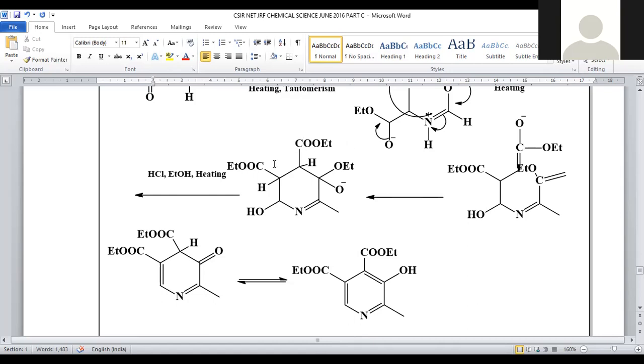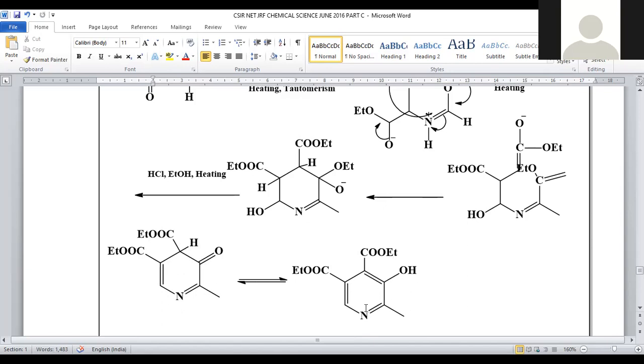Here we have COOEt at these positions, and double bonds are present within the ring. And here we have a C=O system. So this is called a ketonic system. This ketonic system further participated in keto-enol tautomerism. Here this bond is shifted, so that there is retention of the benzenoid ring, and this ketone turned into the enolic form.